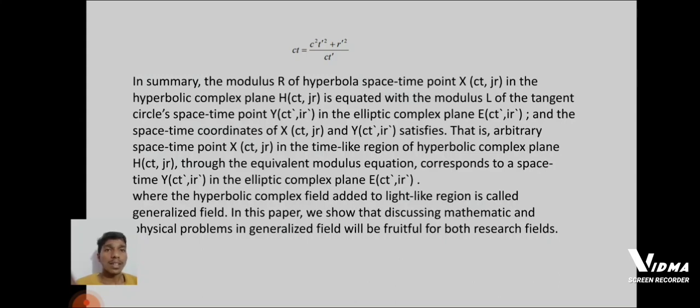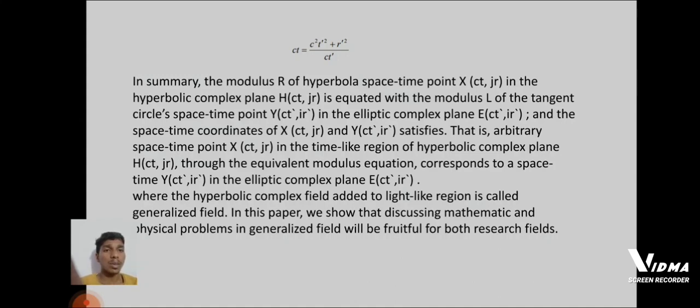In summary, the modulus r of a hyperbola space-time point x(ct, jr) in the hyperbolic complex plane H(ct, jr) is equated with the modulus L of a tangent circle space-time point y(ct dash, ir dash) in the elliptical complex plane, and the space-time conjugate x(ct, jr) and y(ct dash, ir dash) satisfy this, that is, an arbitrary space-time point x(ct, jr) in the time-like region of a hyperbola.